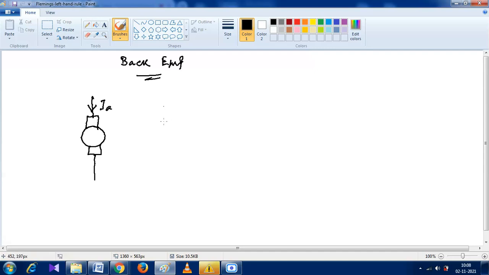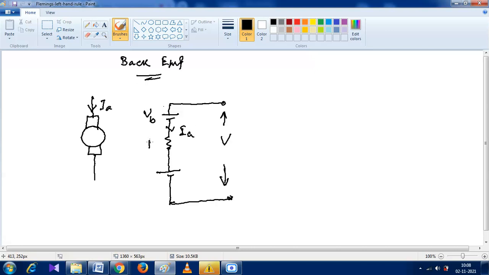And what is the equivalent circuit? If we apply V voltage, and the current flowing through is IA, this is VB, this is RA, and this is EB.